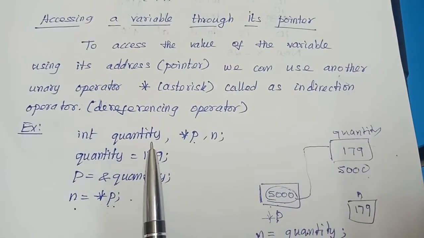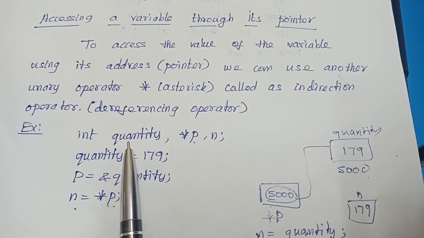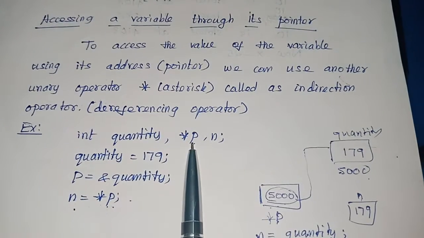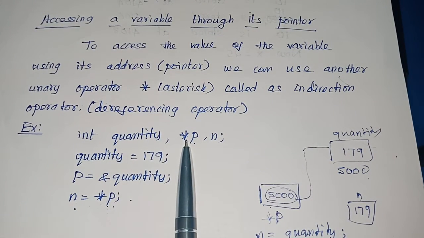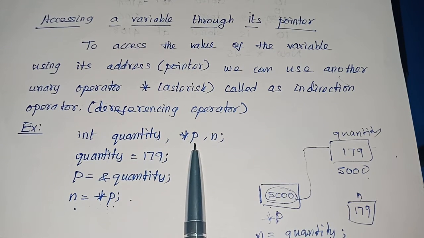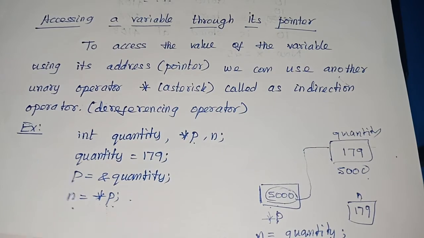Look at this example. Here quantity and n are integers and p is a pointer variable. The star represents, at the point of declaration, that p is a pointer variable to the compiler.